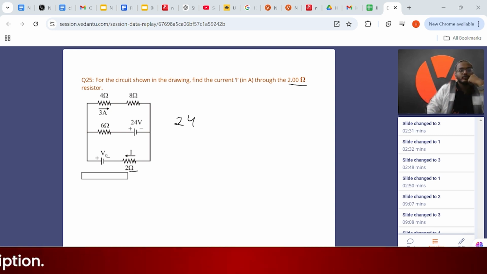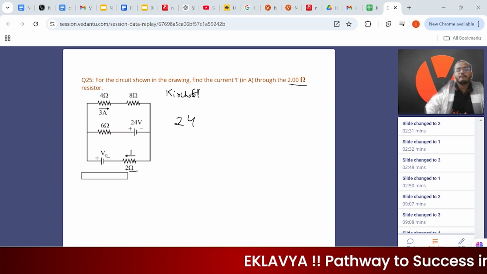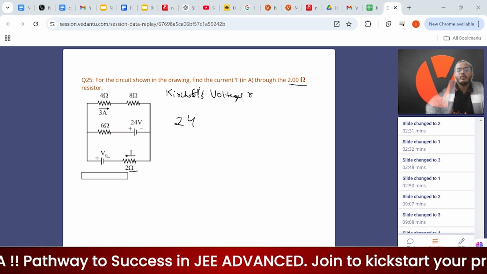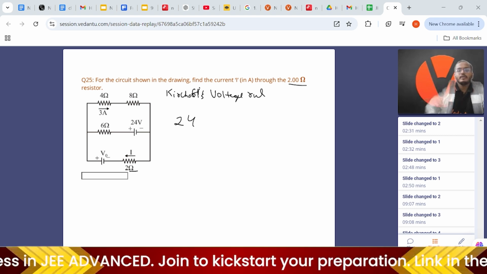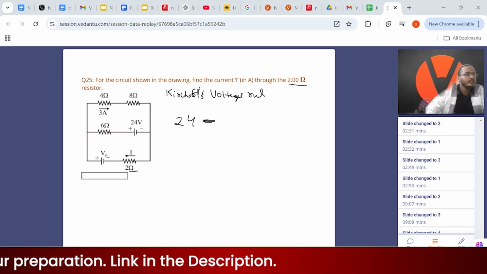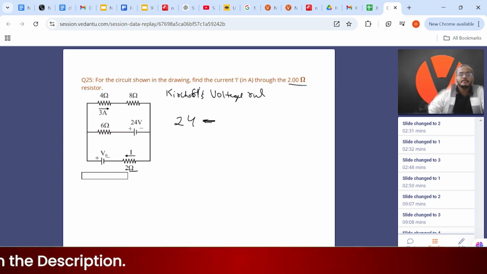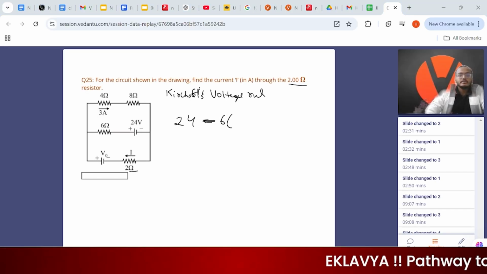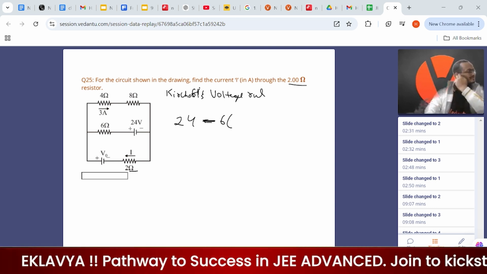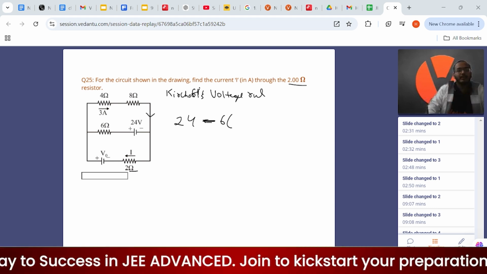So in the loop, I will use Kirchhoff's voltage rule. So 24 minus 6 into 3 ampere, which is given here.